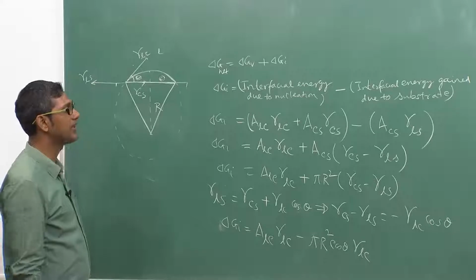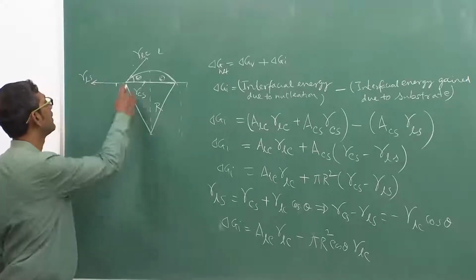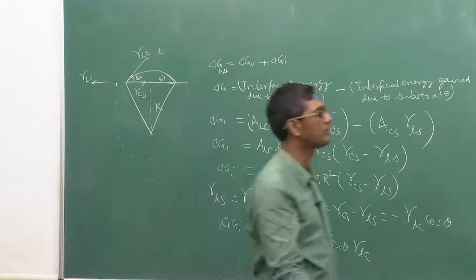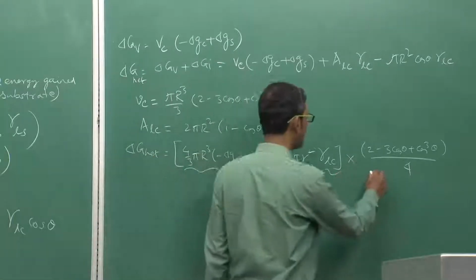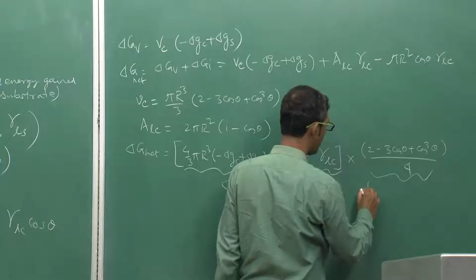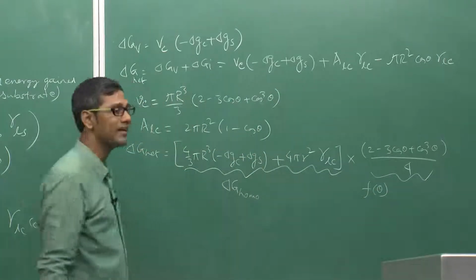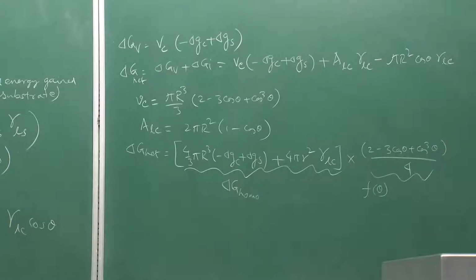That factor is related to the contact angle. So you see this is a function f theta, and in the books we always write this as f theta, because that is the factor which governs most of the heterogeneous nucleation aspects in the liquid and the solid also.